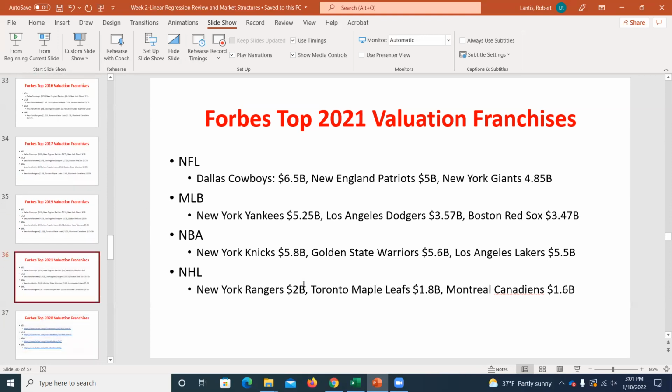But if you look at the most recent, because of COVID, so if you look at the most recent valuations, I mean, the NFL has just continued to increase quite a bit. Kind of notice NBA is really overtaking Major League Baseball. And the NHL has seen some pretty significant increases in the last couple of years, which I don't know what to attribute that to, other than just stating that that's the current trend, right?